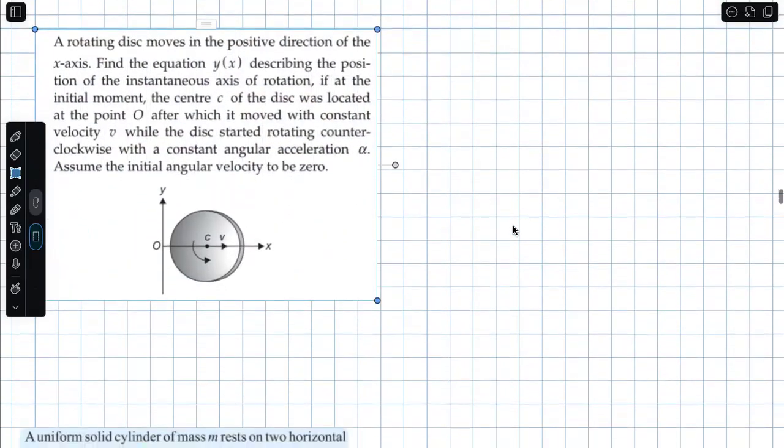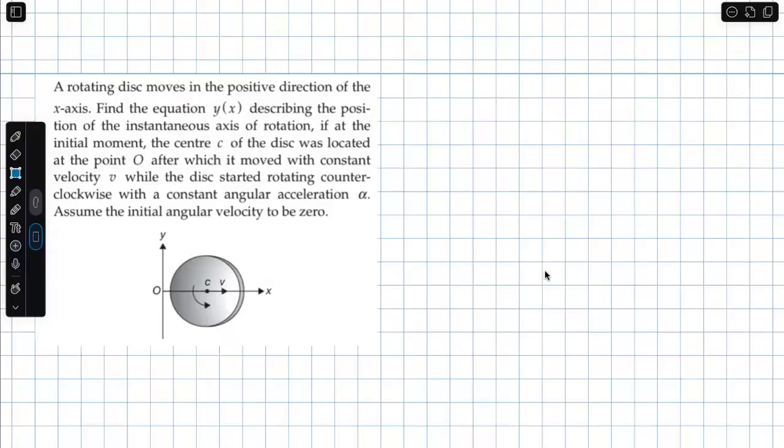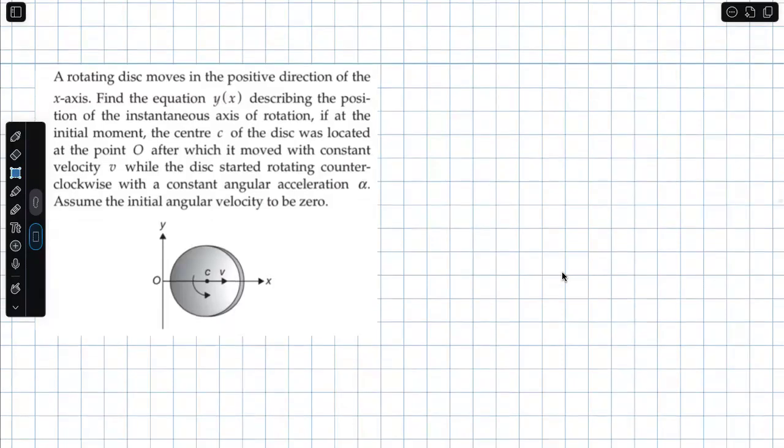Now please go through this question. A rotating disc moves in the positive direction of the x-axis.